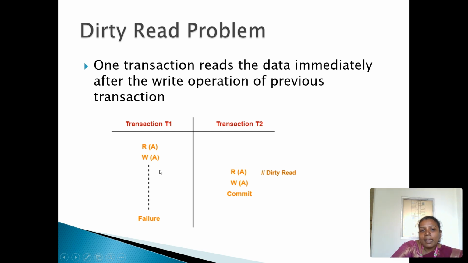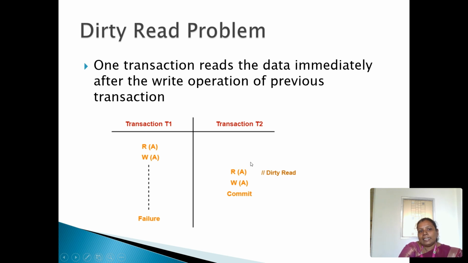Then after some time, in transaction T1 the data item A is not committed, but it fails. So the data is not permanently saved, but that data was read by transaction T2.